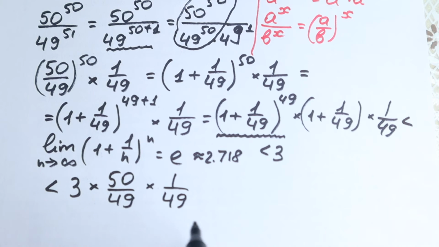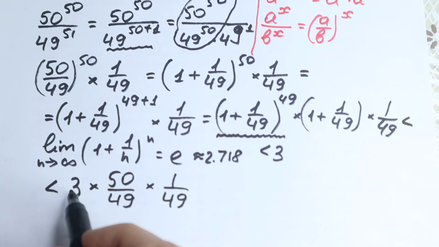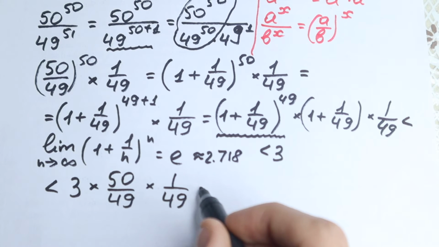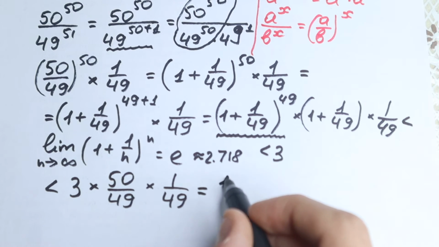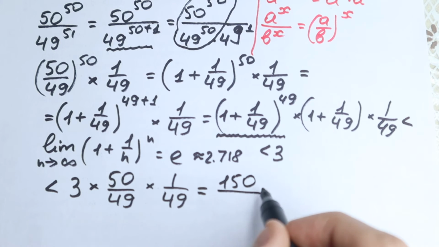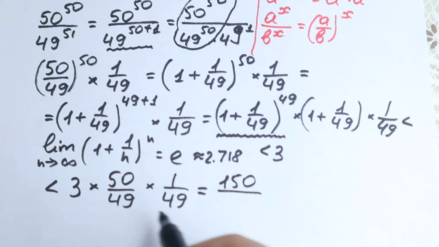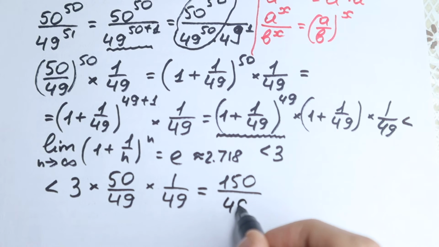Let's multiply it and we will have our final answer. So 3 times 50 equals 150, and we divide it by 49 times 49, so we have 49 squared.